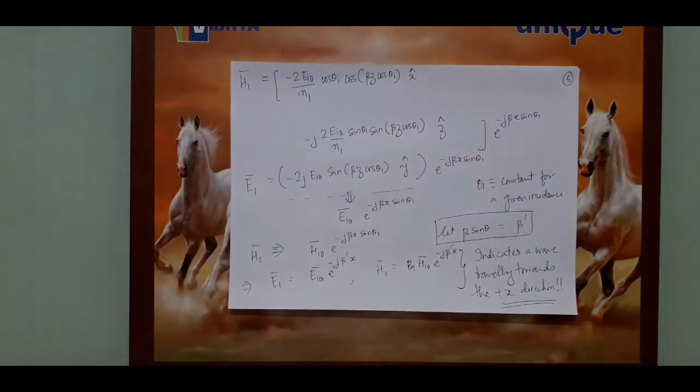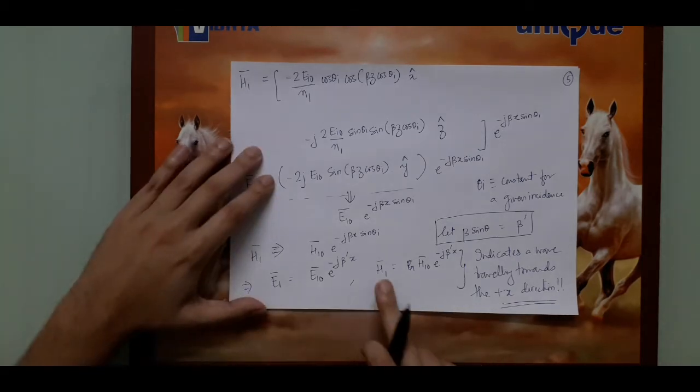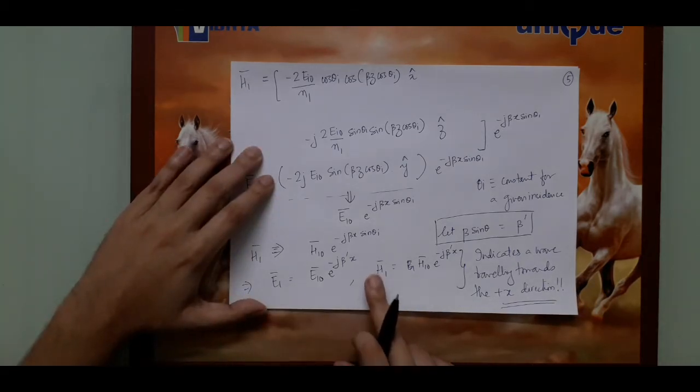What is the ratio can wait. That is not of my interest at the moment. Whether it's eta or something else, I really don't care. What I am interested in is that we can see that this causes a wave traveling along the plus x direction.